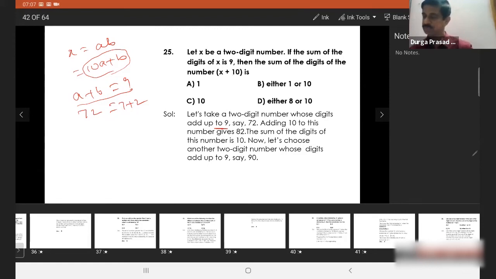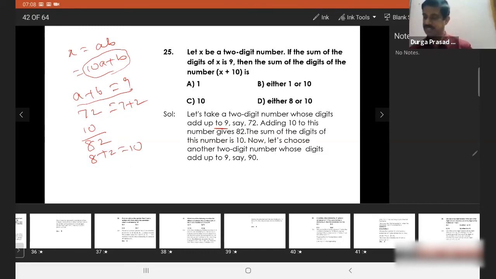You can take 63, 54, like that you can take anything. Now if you add 10 to x, if you add 10 to 72, you'll get 82, for example. We are taking some examples and discussing, children. So if you add 8 plus 2, that is 10.